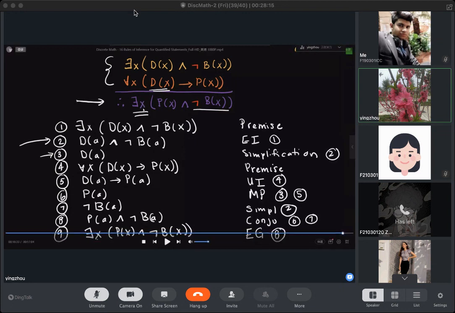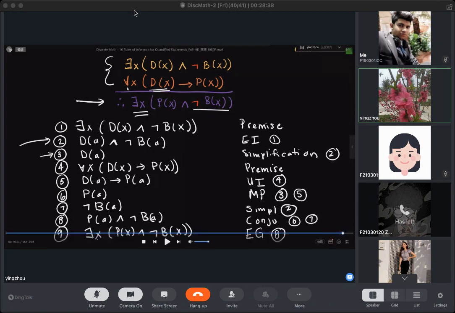So how do we do this proof? We should be careful. Here we assign a special value A. We first use the premise with the existential quantifier, and then the universal quantifier.